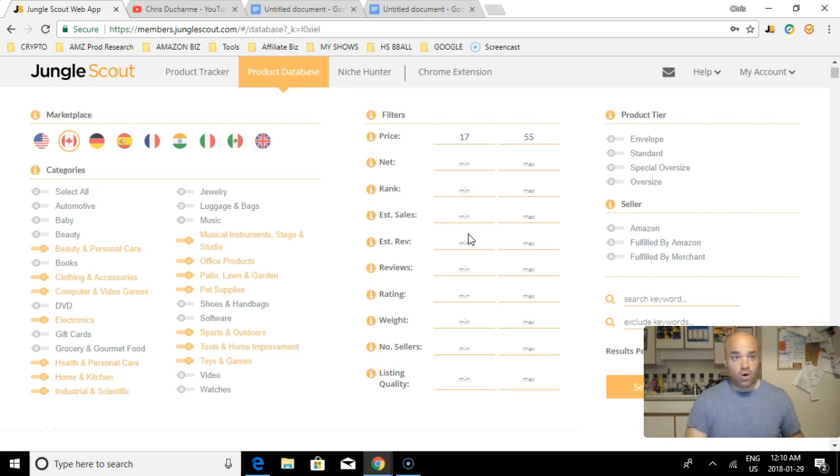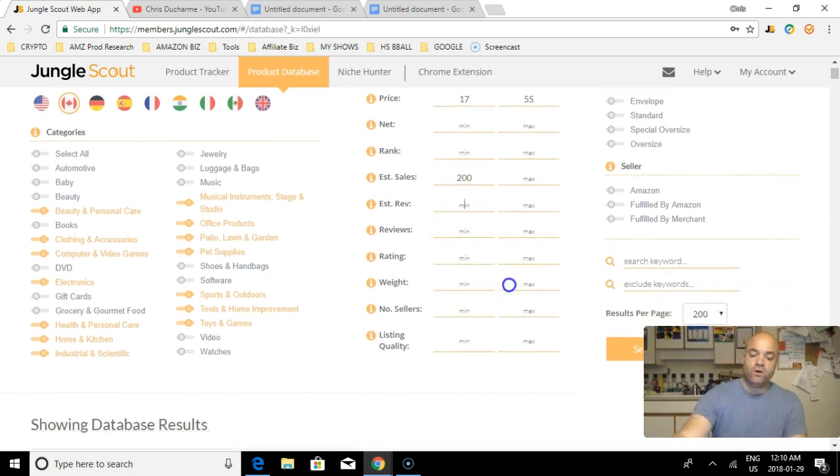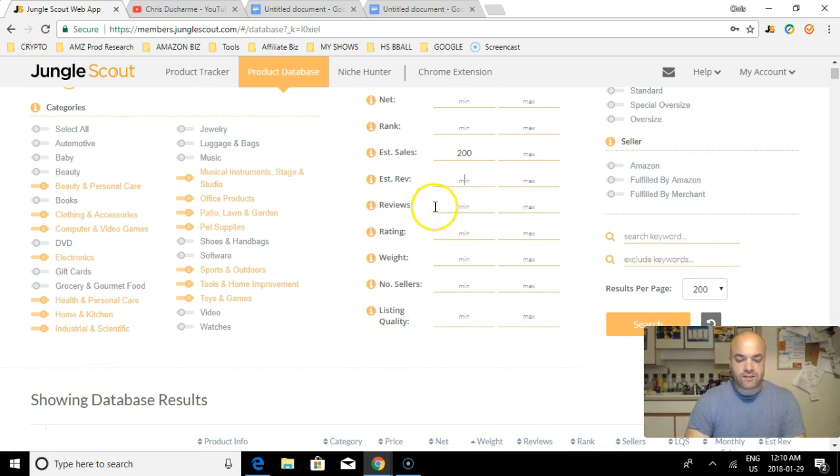Or if it's $2,000 at $10 profit, that's 200 units per month. So we want a minimum requirement of products that sell at least 200 units per month. Next is revenue. Don't worry about that, we'll just see what the revenue is.